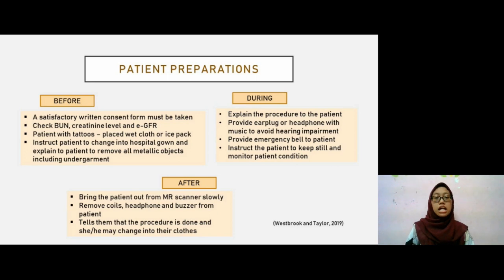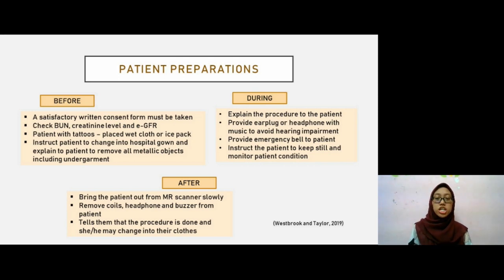Okay, let's see the patient preparations before, during, and after. Before examination, a satisfactory written consent form must be taken. Next, check BUN, creatinine level, and eGFR.